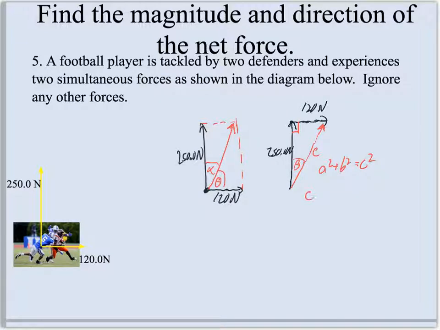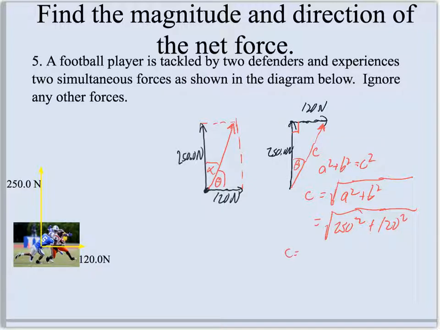So c is equal to the square root of a squared plus b squared. And does it matter whether we call the 250 a or the 120 a? It doesn't make a difference. So I'm just going to plug in my numbers here. A squared is 250, and b is going to be 120.